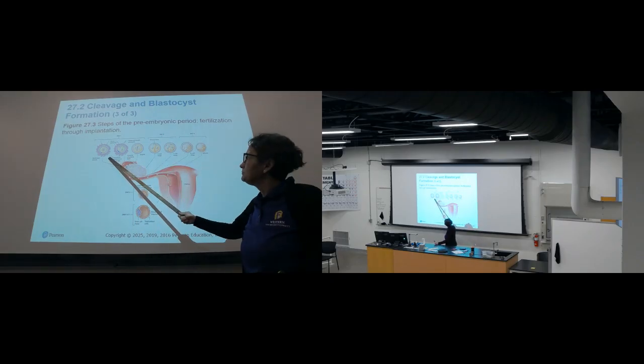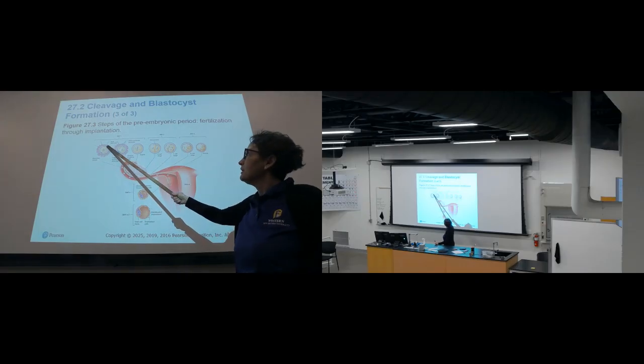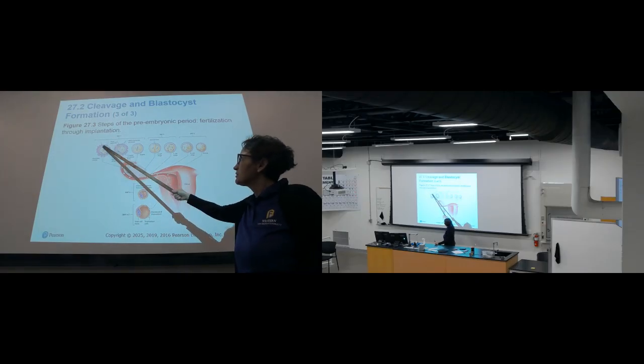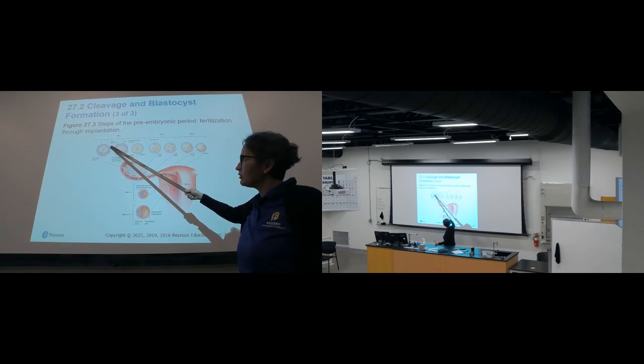So day 1, you have your secondary oocyte, where the sperm cells come and erode the corona radiata.